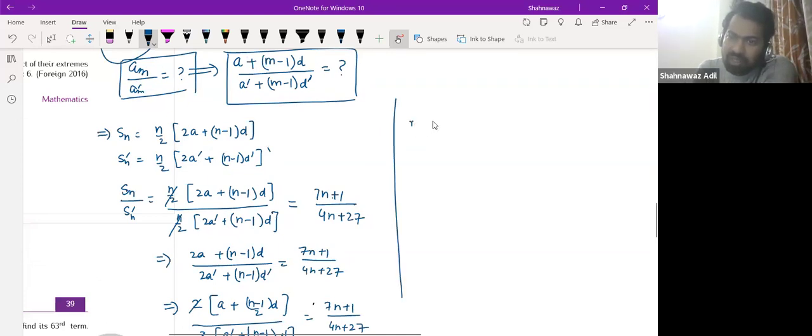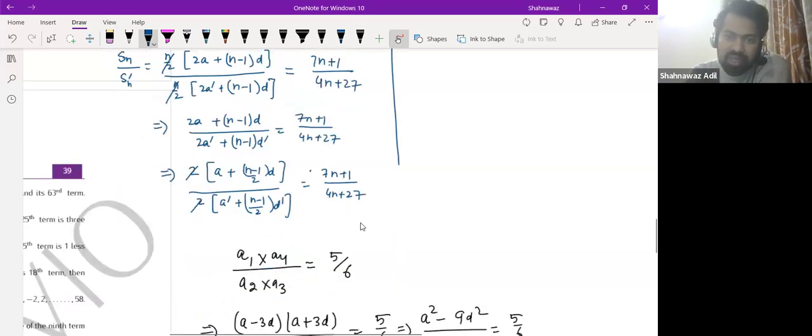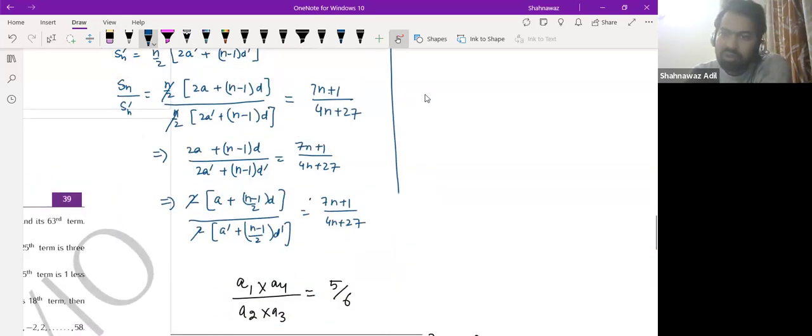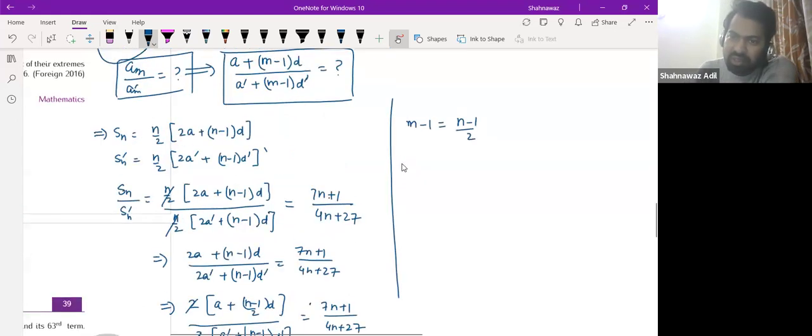If you compare, you will get m minus 1 equal to n minus 1 by 2, right? So this is 2m minus 2 and this is n minus 1. So you get 2m equal to n minus 1 plus 2.